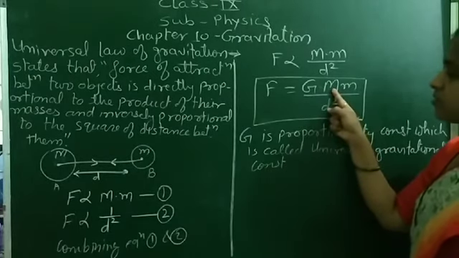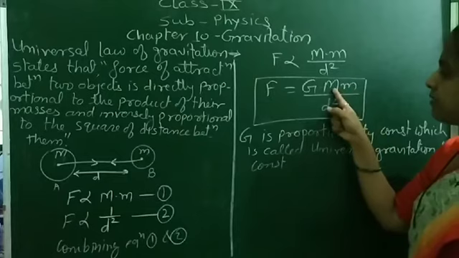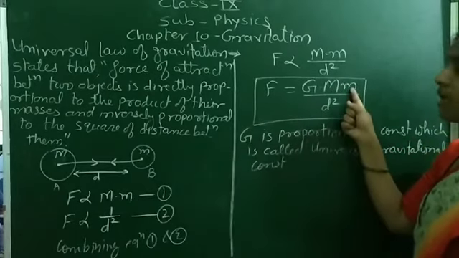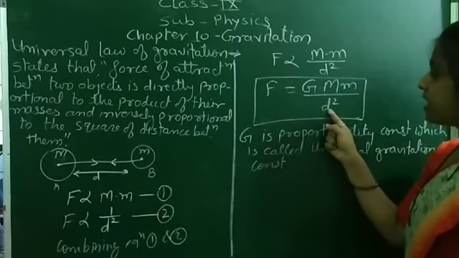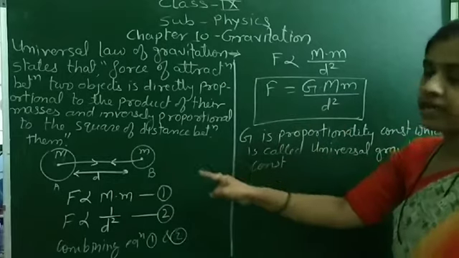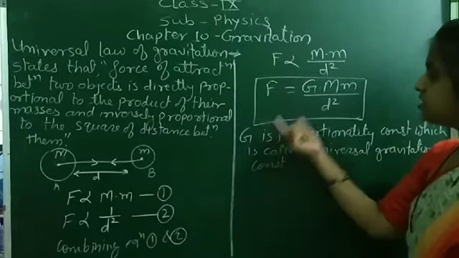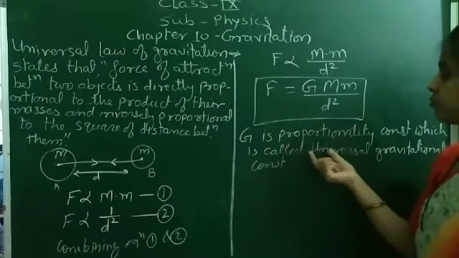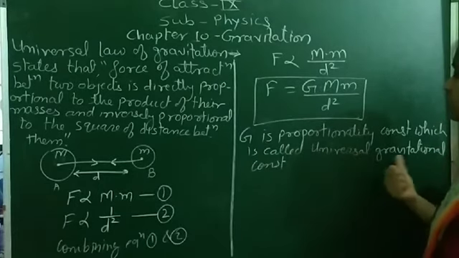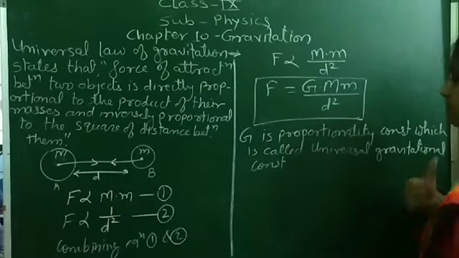Capital M is the mass of one object, here the mass of object A, small m is the mass of object B, and D is the distance between object A and B. So G is the proportionality constant, called the universal gravitational constant.